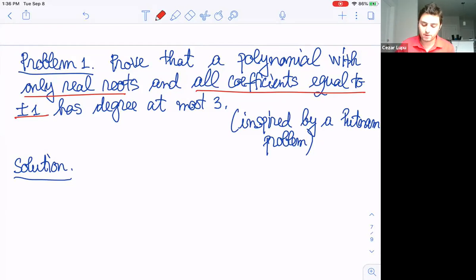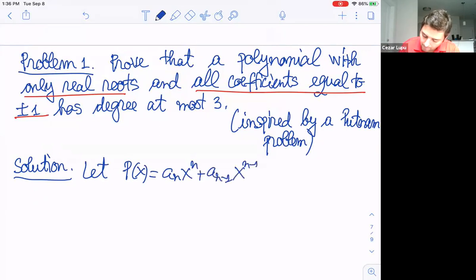So in other words, if we consider P of x is an x to the n plus a_{n-1} x to the n minus 1 plus and so on, plus a1x plus a0, right?